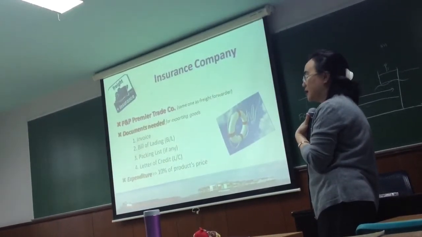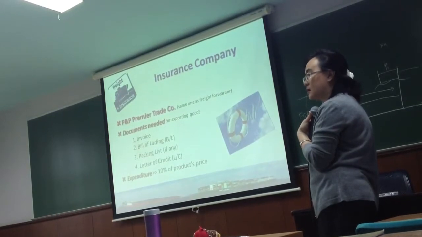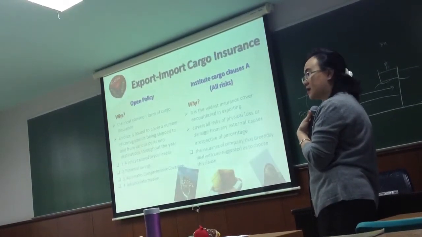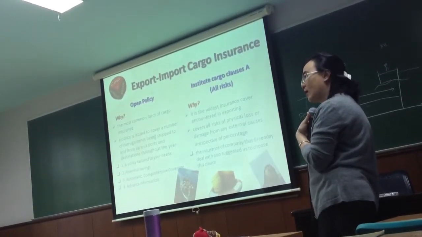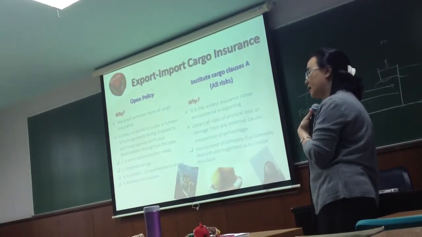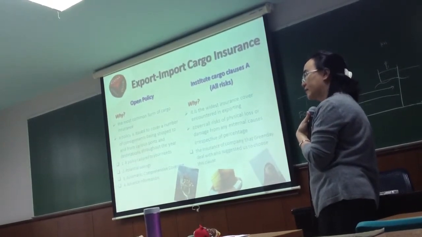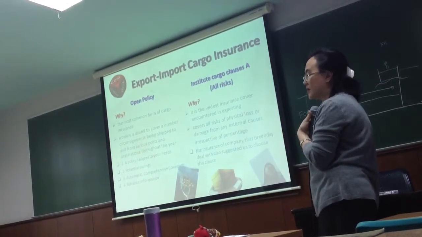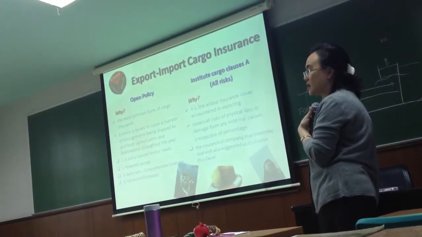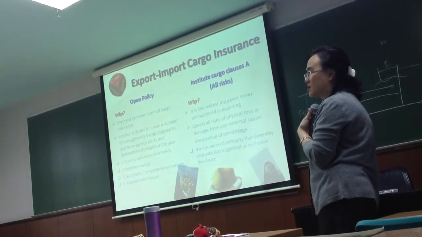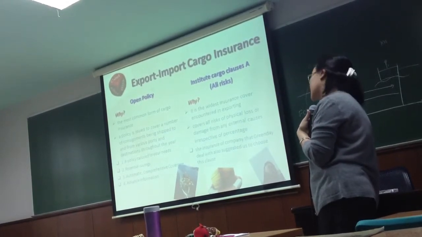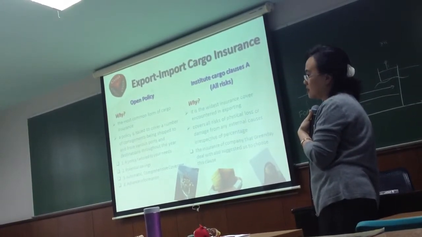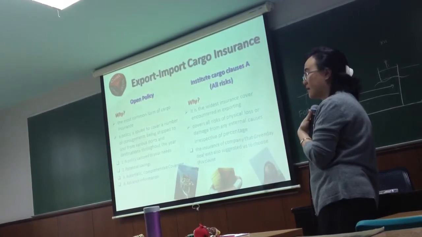And then insurance. Okay, what insurance company you will choose, and whether you use the open policy, and why you use open, and what clauses you ask them to buy, or you will buy, or you are asked to buy. Okay, if you are sending by CIF, maybe you will say, I buy clause C or I buy clause B because the exporter asked me to buy this clause and that clause, you can add.